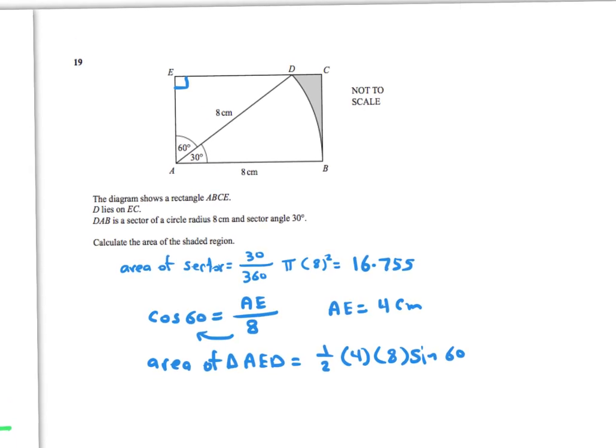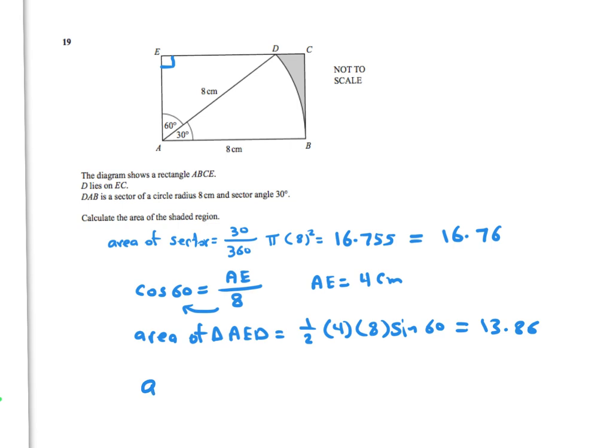So half, or 0.5, multiply 4 multiply 8 multiply sine 60. So 13.856, so 13.86. And also we can round the area of the sector to 16.76.